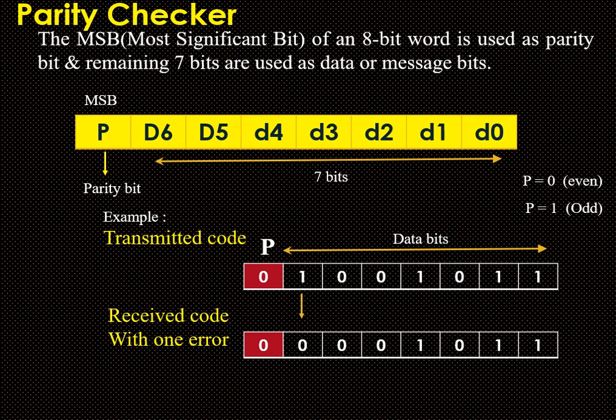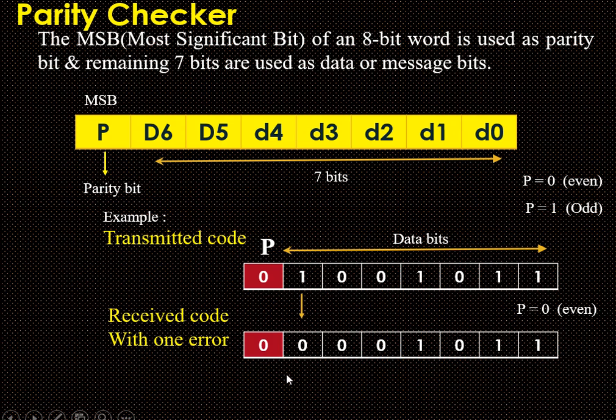Because here we have an odd number of ones: 1, 2, 3, three ones. But the first 0 indicates parity 0, which means there should be an even number of ones in the data bits.